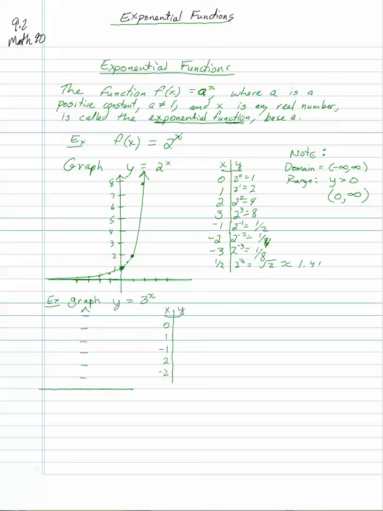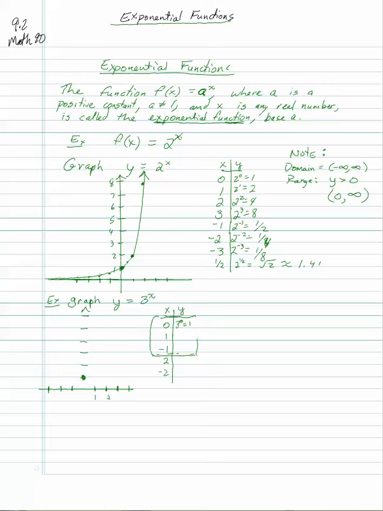Okay, let's try y equals 3 to the x. Basically, if your base is greater than 1, it's going to have the same basic shape as y equals 2 to the x. Usually I just do these 3 points: 0, 1, and negative 1. 3 to the 0 is 1. Anything to the 0 power is always 1, it doesn't matter what the base is.